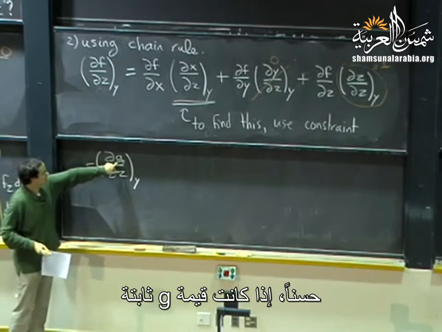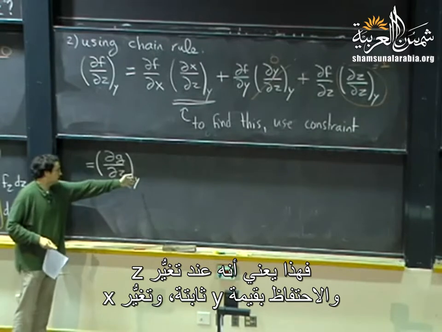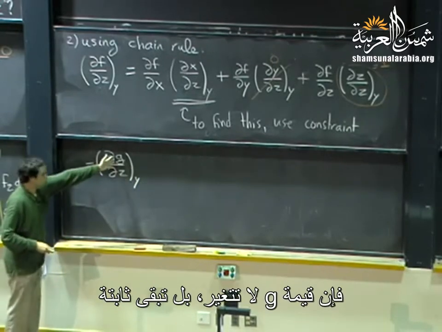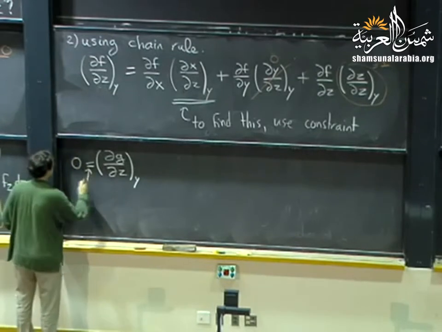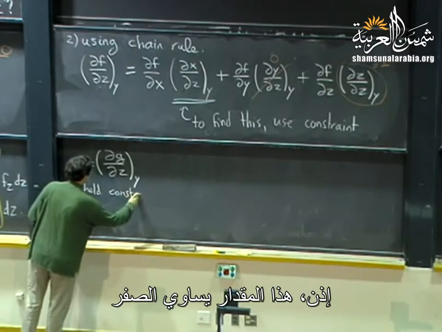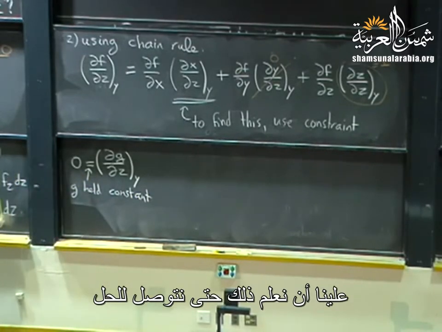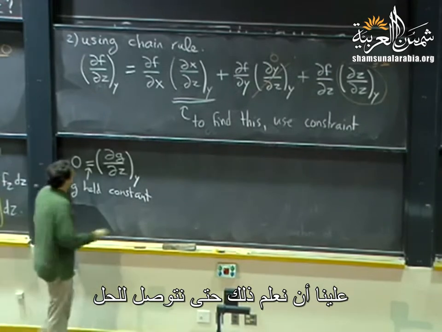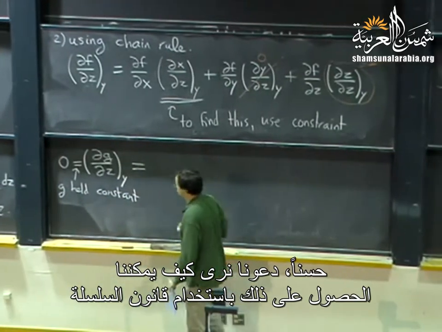Well, if g is held constant, then when we vary z, keeping y constant and changing x, g still doesn't change. It's held constant. So in fact, that should be 0. Okay, but if we just say that, we're not going to get to that. So let's see how we can compute that using the chain rule.